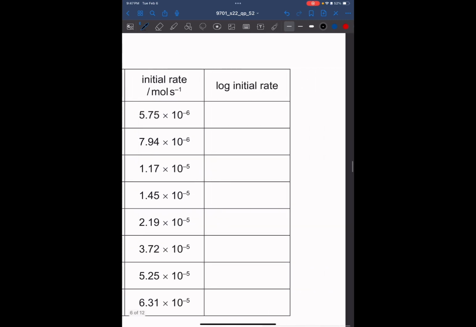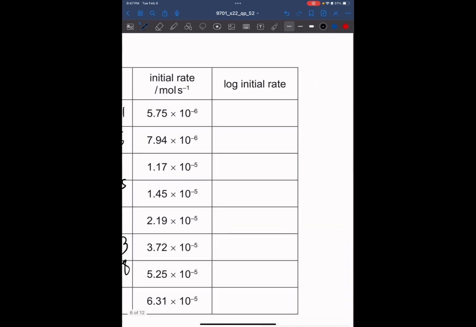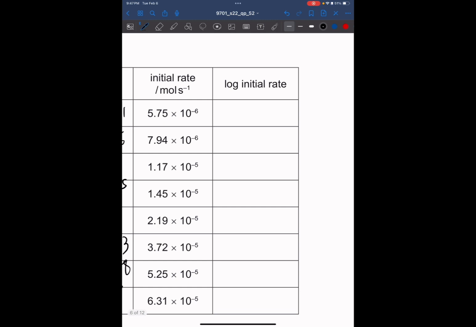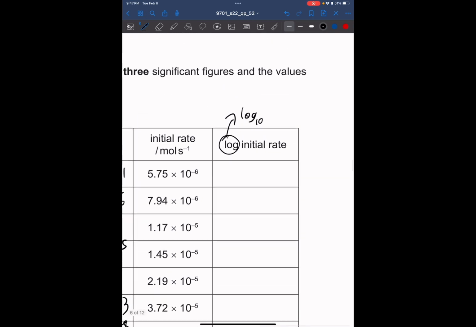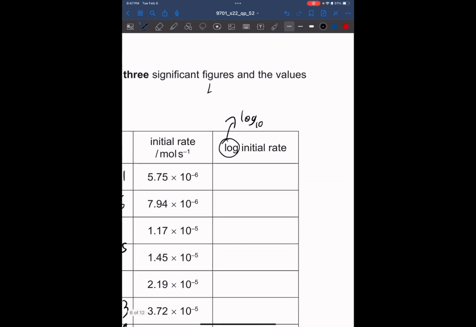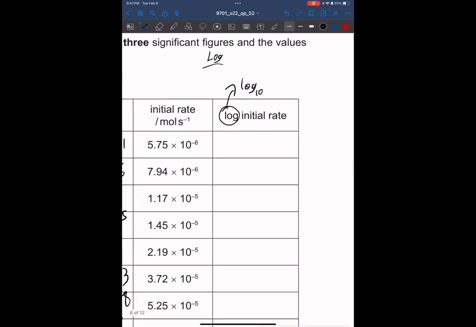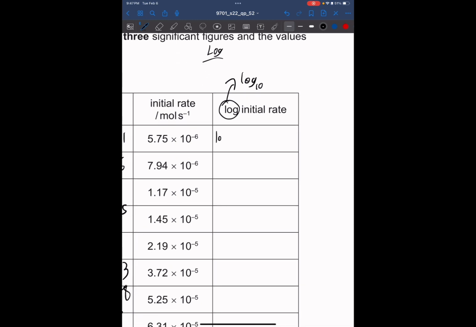All right. For the next one, we're going to do log initial rate. Please do note that this is log base 10. But on your calculator, if you just write log, it should do the trick. So again, an example would be this. And that's going to give us minus 5.24.